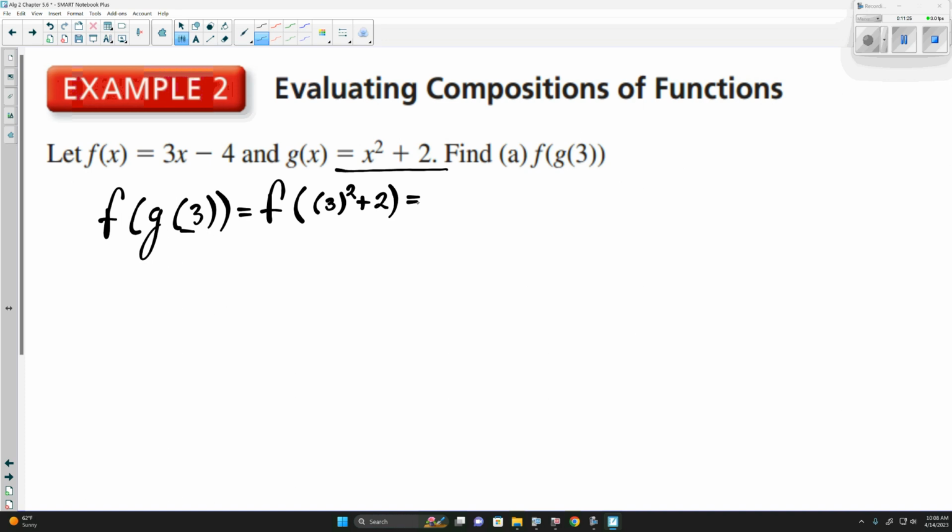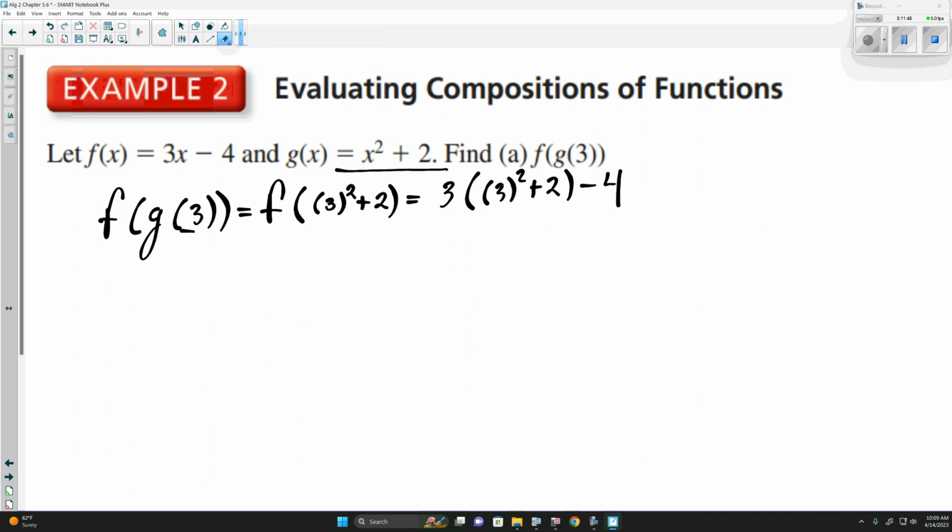Now at this point here, we can plug all of that into f of x. I would advise against it. The reason is if we plug this in, we'd have 3 times 3 squared plus 2 minus 4, and that is a lot there.